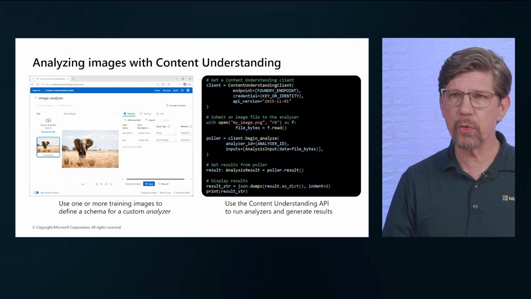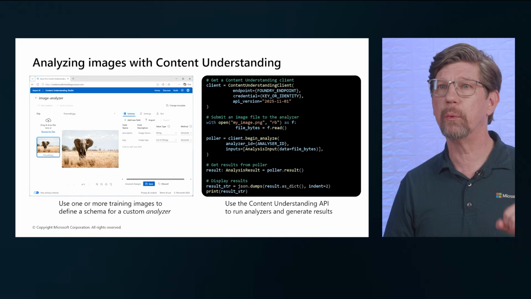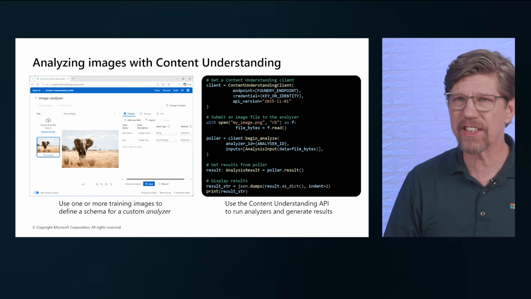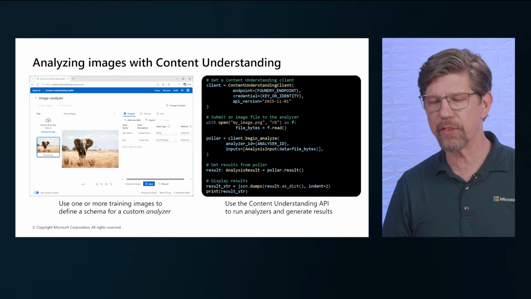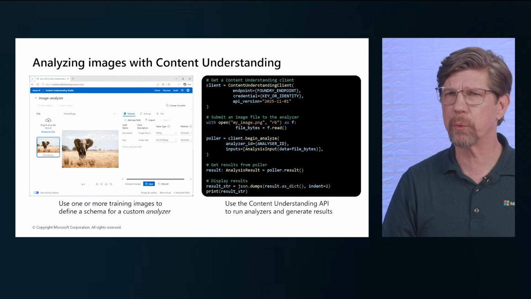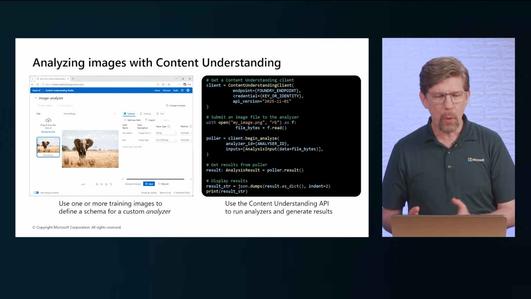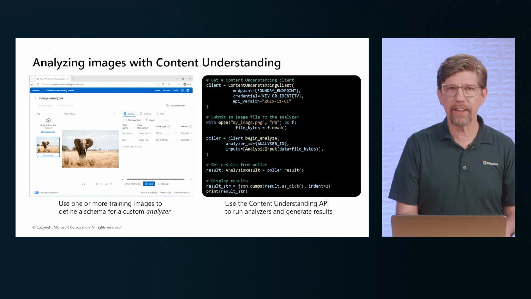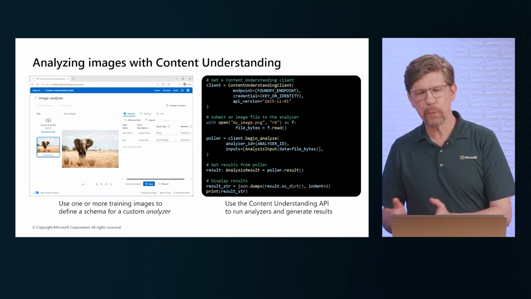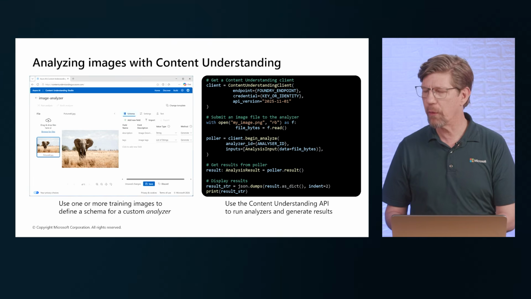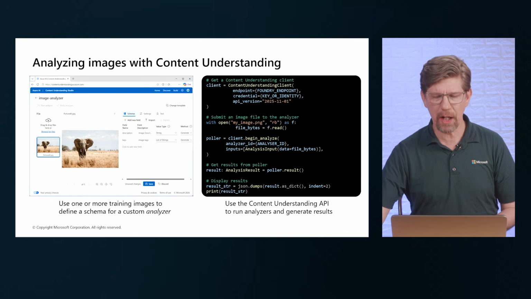You can use it, much like the playground, to test in advance. I've got a handful of images, I want to run them through the system and make sure we're on the right track. Once we've used the Content Understanding portal, we can switch over to code, now that we know we're on the right track, and write up the example.